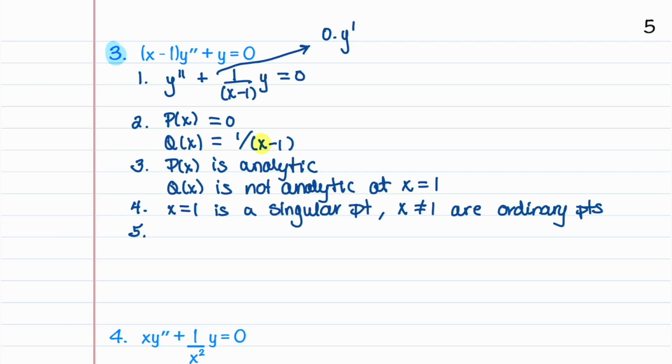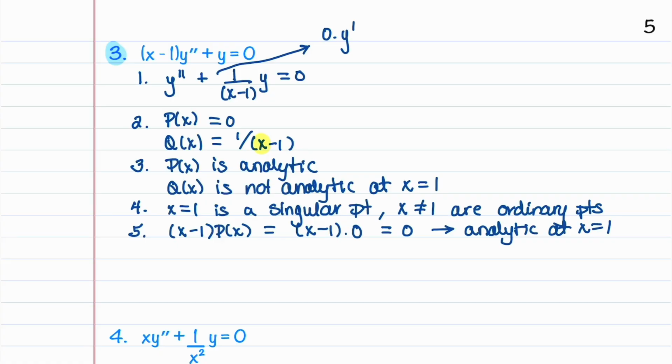To do that, we have to multiply by x minus a, so in our case that's x minus 1 times p of x. This gives us x minus 1 times 0, because p of x is 0. So that's 0. So this is analytic at x is equal to 1. Now let's look at x minus 1 quantity squared times q of x.